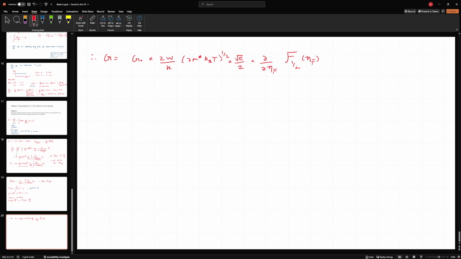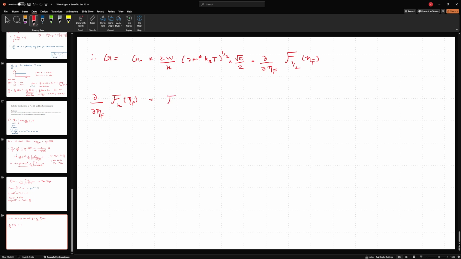And additionally, one more thing that we know is dou by dou eta f. Whenever I perform this differentiation on fk of eta f, we shall end up with, since I have the gamma function multiplied there already, I won't get anything extra.